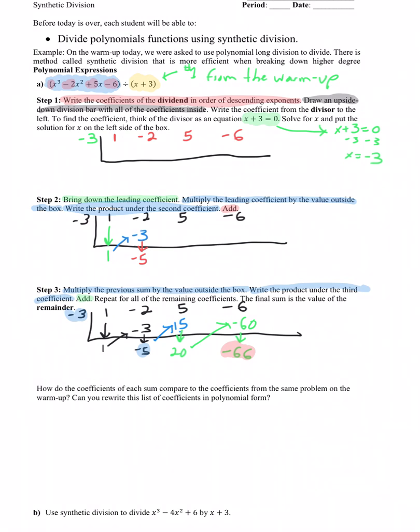And then what I asked down here is how do the coefficients of each sum, so the coefficients here, 1, negative 5, and 20, and negative 66, compare to our answer from the other problem, the long division? We already know the remainder is the same, but how do the coefficients compare? How's the 1, the negative 5, and the 20 compare to our quotient from the long division answer?